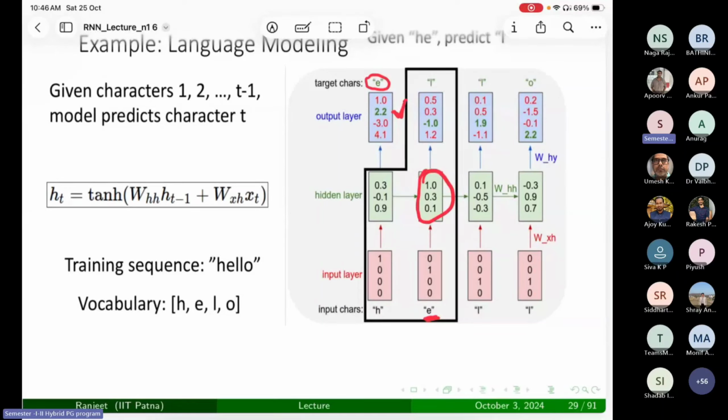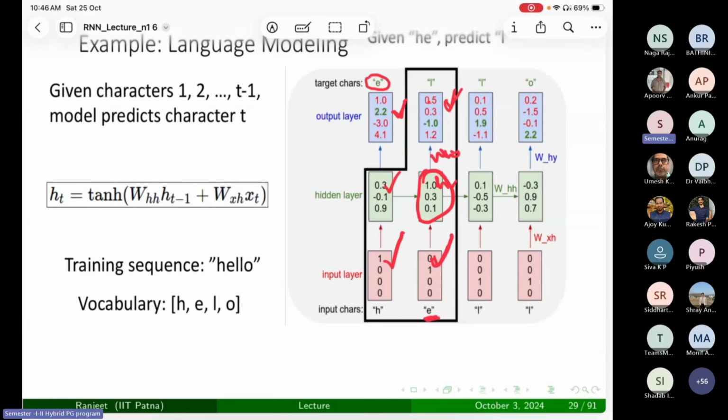So this state, if I just look at H2 here, H2 has been constructed from this and this. So indirectly, it contains the information of this as well as this. And now we again apply HY, getting this output. Now, whatever you are getting, look at where we are getting the maximum value.